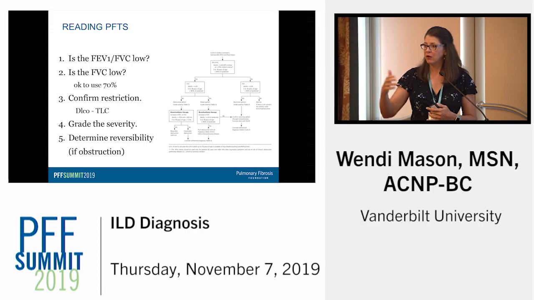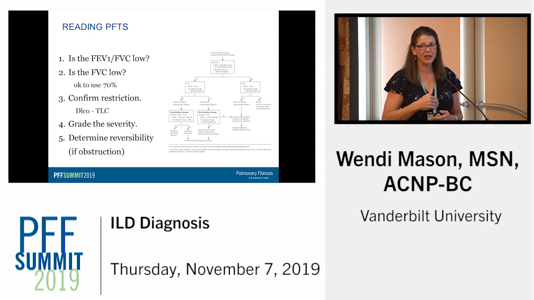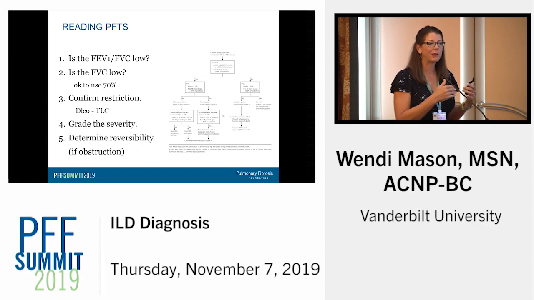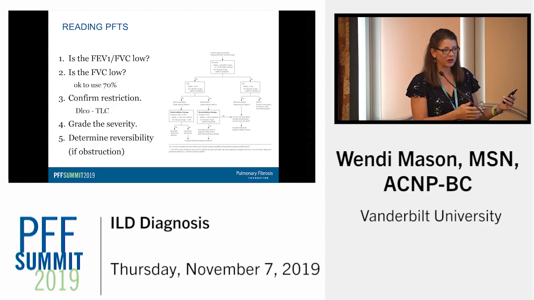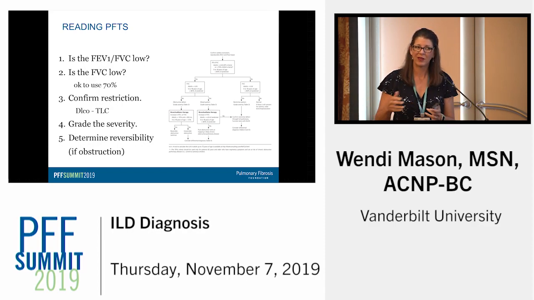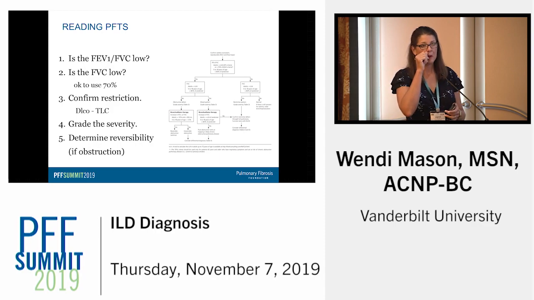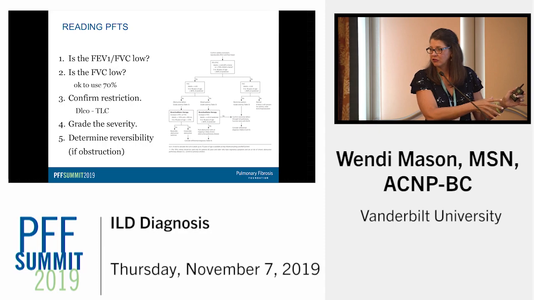Diffusing capacity will likely also be lower than normal. You can grade severity, but that doesn't really classify your patient. I think that was one of the problems we've gotten into in the past: oh, he's a moderately restricted spirometry, that means he's this far down the road. That's not necessarily true either. You just have to keep in mind that it is just defining his pulmonary function.